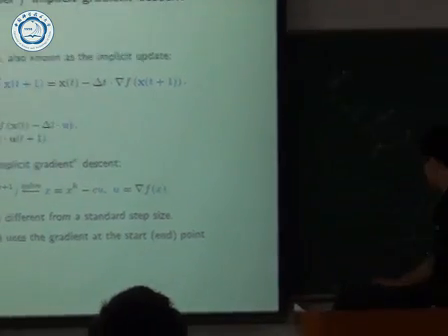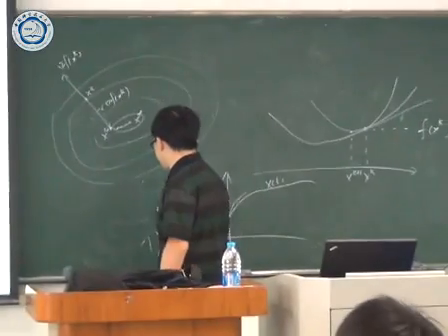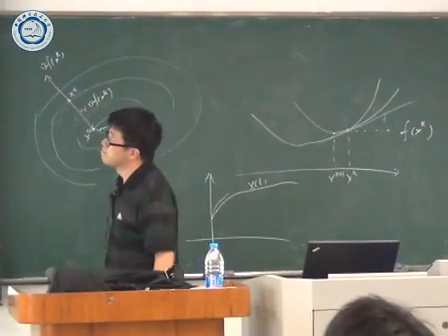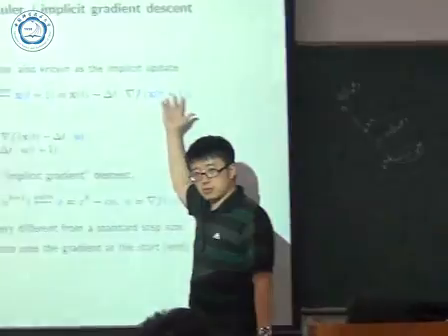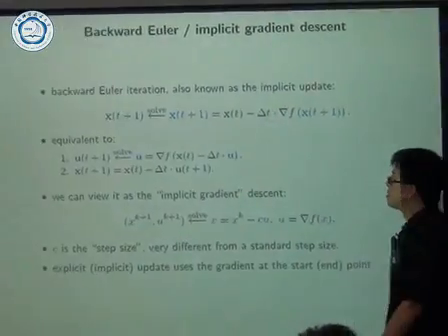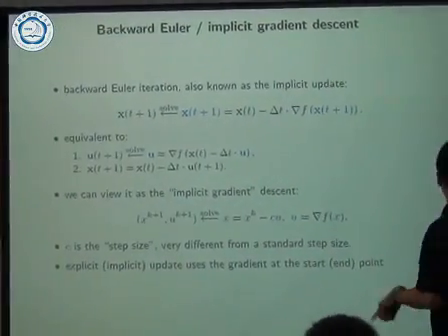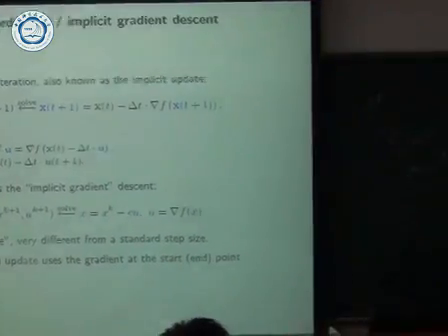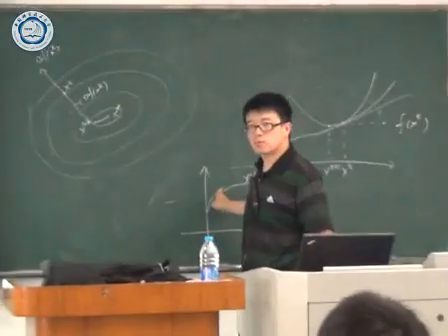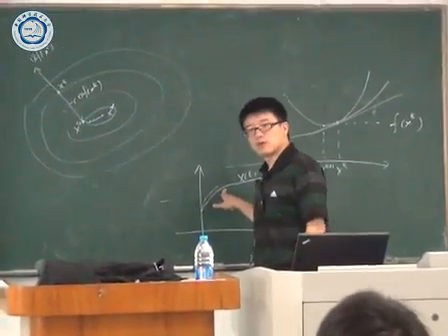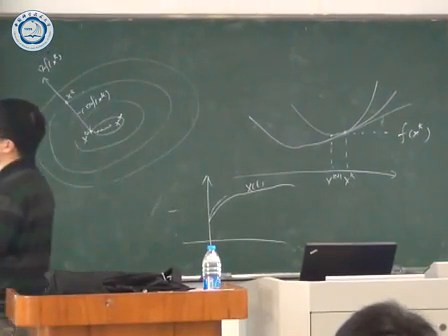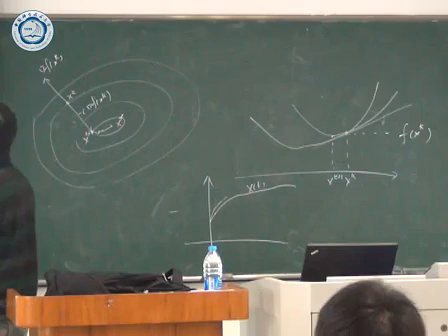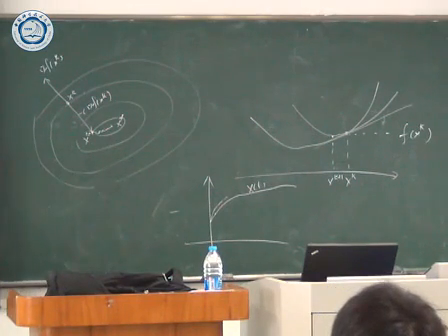So it has a much larger stable region. It's more computation, but it's more stable. In other words, the error between this finite numerical approximation and the true curve will be bounded under easier conditions for backward Euler.